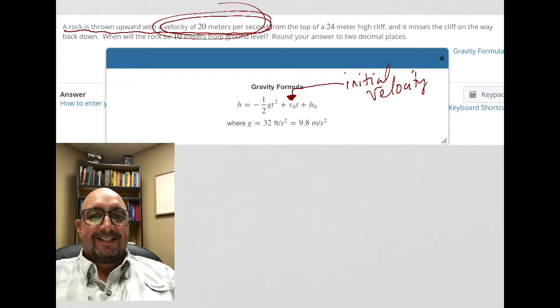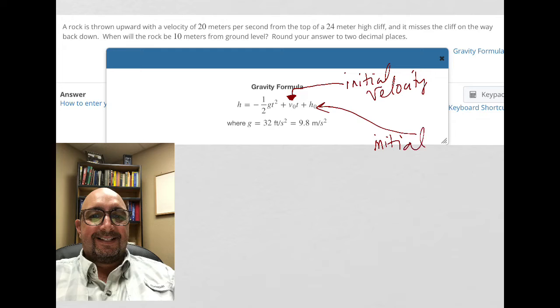This is the initial velocity, times t for time, plus the initial height, or h sub 0. This is given to us: top of a 24-meter high cliff.